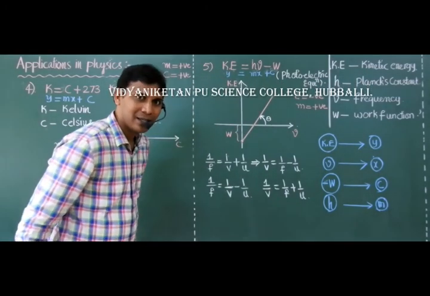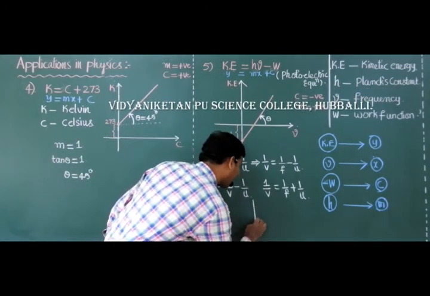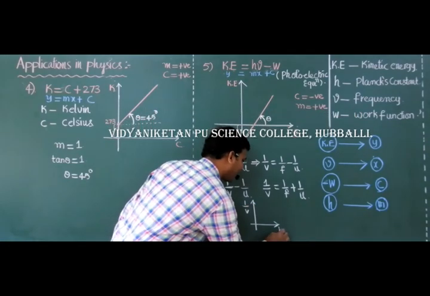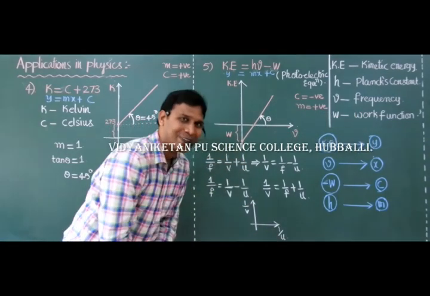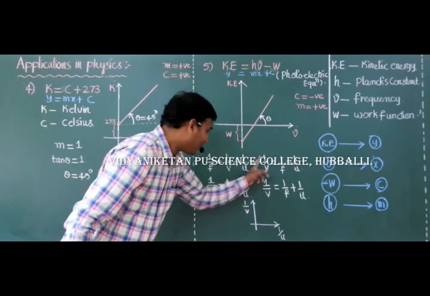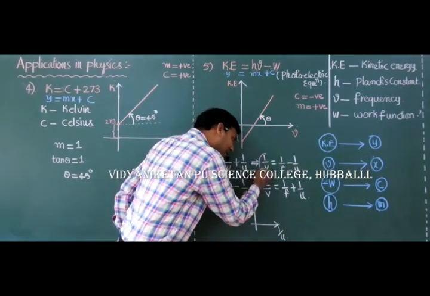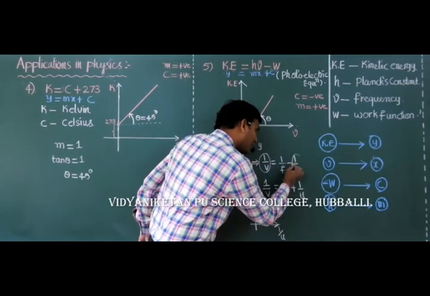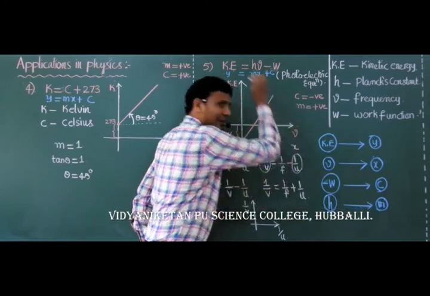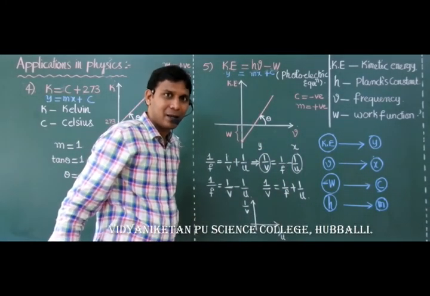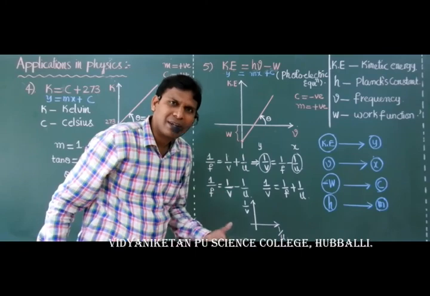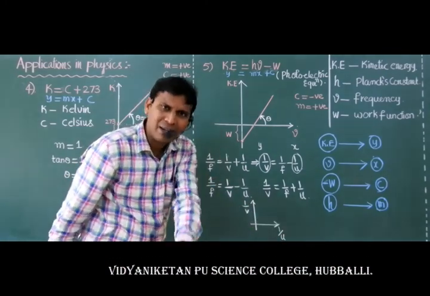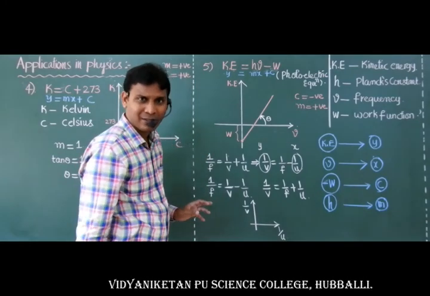Now the question is, if you plot a graph between 1 upon v versus 1 upon u, did you understand? 1 upon v I can consider as Y. 1 upon u I will consider as X. But the focal length of a given mirror or given lens is always constant.